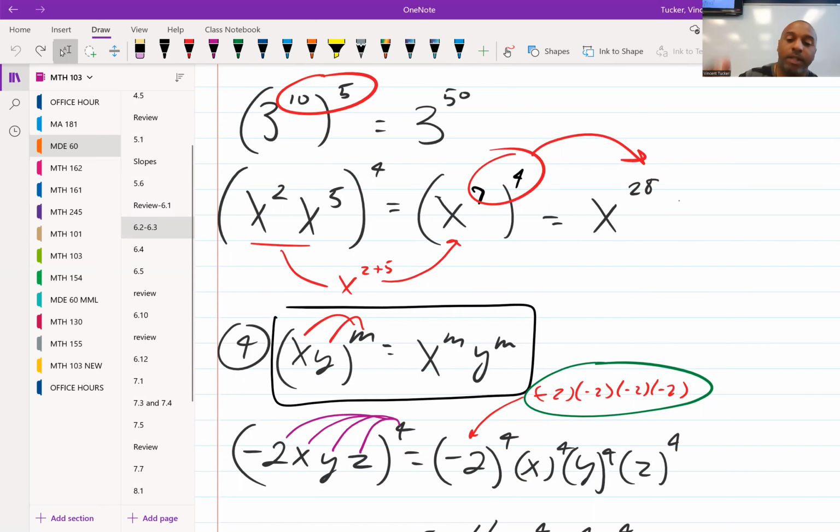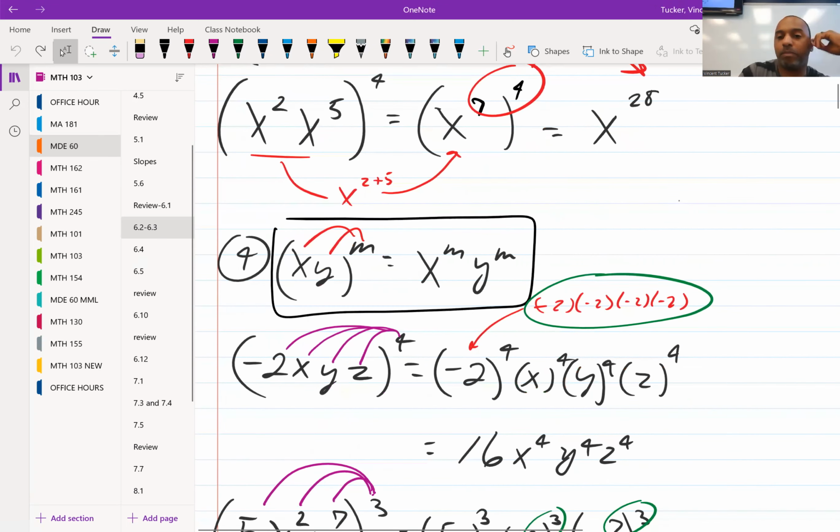So notice the 4 has to be applied to each one of those. So it's -2 to the 4th power, x to the 4th power, y to the 4th power, z to the 4th power. All right. So -2 times -2 times -2 times -2 will give you a positive 16. Then x to the 4th, y to the 4th, and z to the 4th.